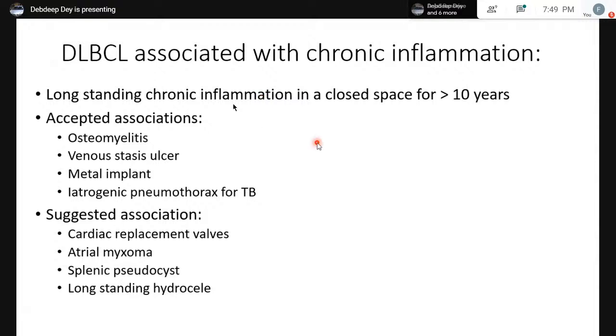DLBCL associated with chronic inflammation is another entity where long-standing chronic inflammation in a closed space, present for more than 10 years, can result in a DLBCL. You have associations with osteomyelitis, venous ulcer, metal implant, iatrogenic pneumothorax for TB. Other associations are atrial myxoma, I've seen only one case of that, cardiac replacement valves, and long-standing hydrocele.